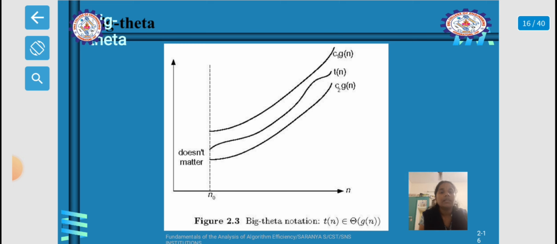Big theta notation is T of n belongs to theta of g of n. That means g times c1, g of n, t of n, c2 times g of n.